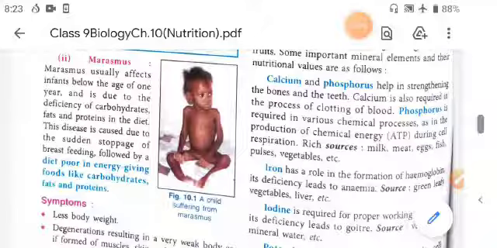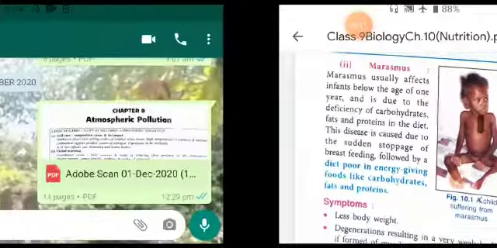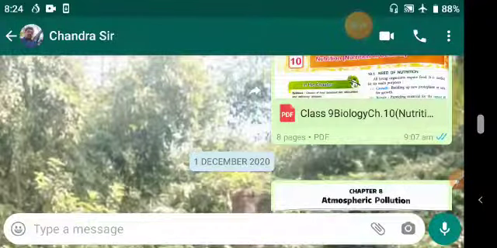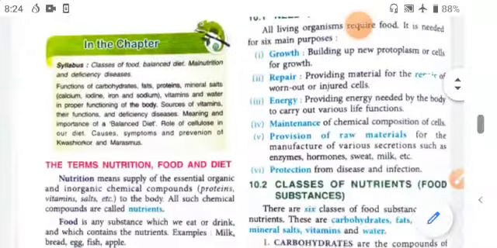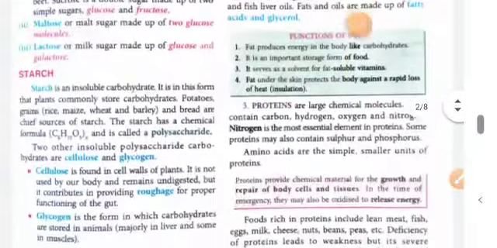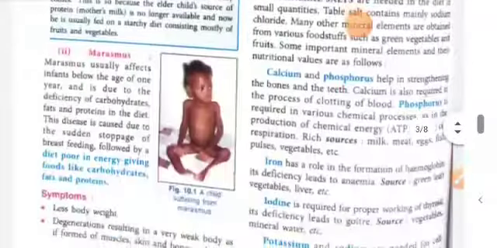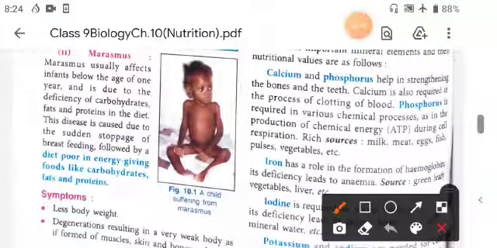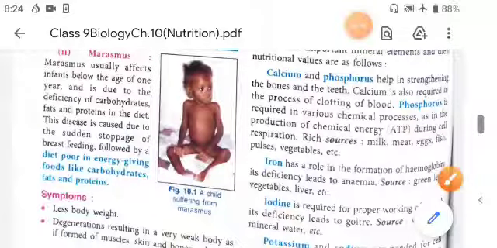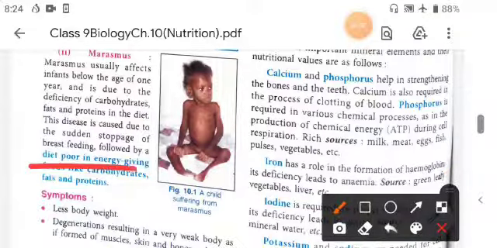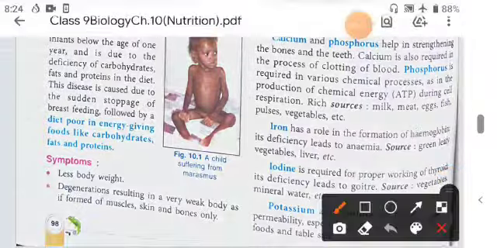In Kwashiorkor it is below the age of 5 years, but Marasmus affects the child below 1 year. The disease is caused due to deficiency of carbohydrates, fats and proteins in the diet, due to sudden stoppage of breastfeeding followed by a diet poor in energy.